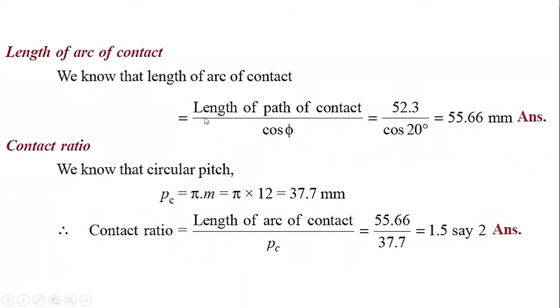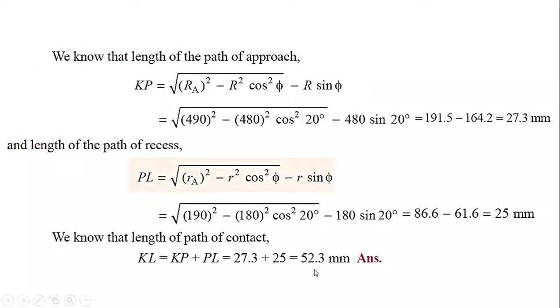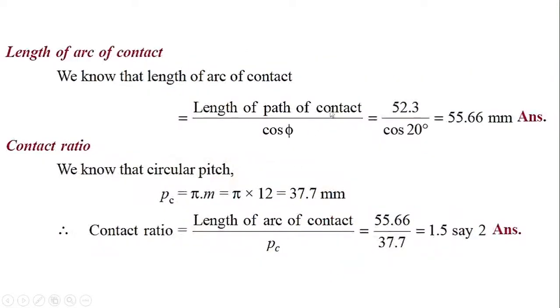We already found the length of path of contact, equal to 52.3 millimeter. We will apply the value into this formula and cos phi.